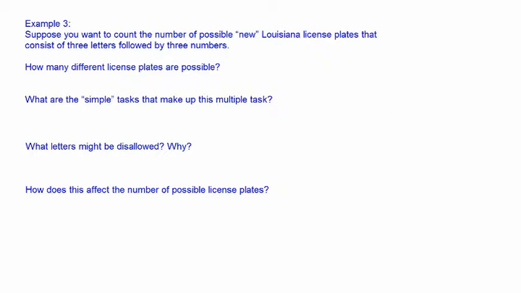And so the simple tasks that make up this multiple task of creating a license plate are choose the letters, and we have three slots for letters, and then choose the numbers.